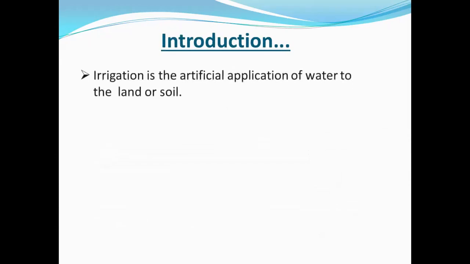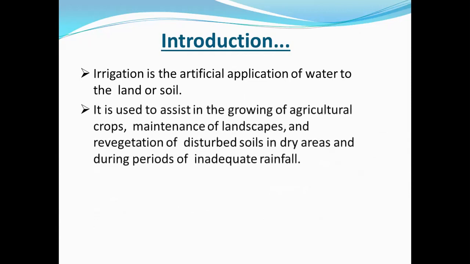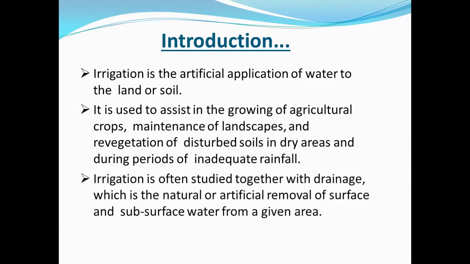Starting with this introduction, what is irrigation, right? Irrigation is the artificial application of water to the land and soil. It is used to assist in the growing of agricultural crops, maintenance of landscapes, and revegetation of disturbed soil in dry areas and during periods of inadequate rainfall. Irrigation is often studied together with drainage, which is the natural or artificial removal of surface and subsurface water from a given area.